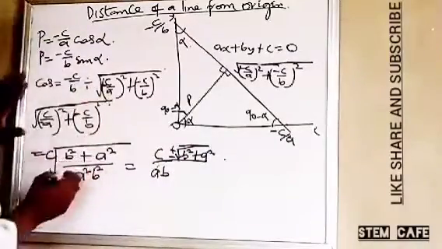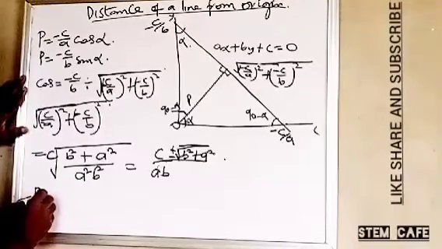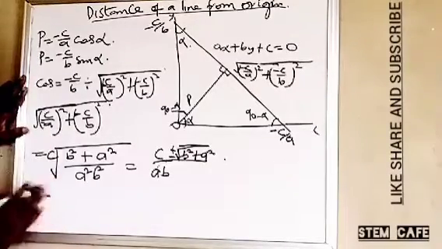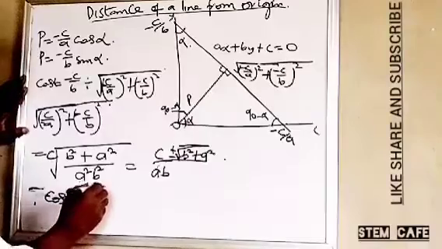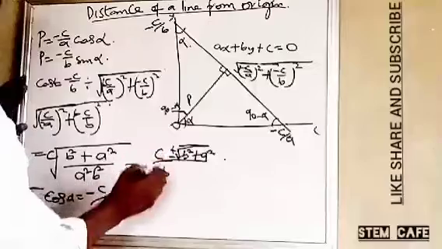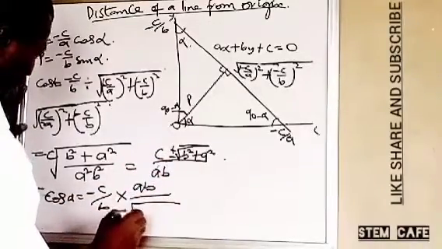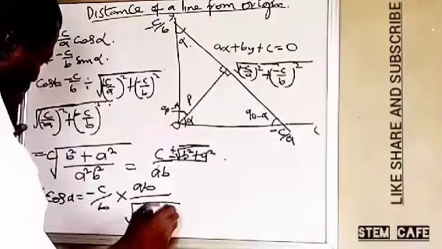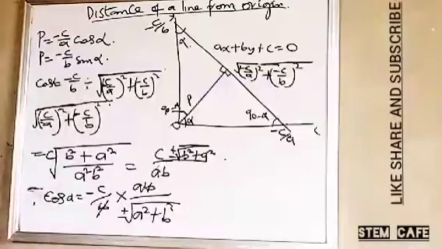Here, and I have P is equal to, now let me finish this, cos alpha, minus c over b times ab over a squared plus b squared. I can have it plus or minus. So this one cuts this.